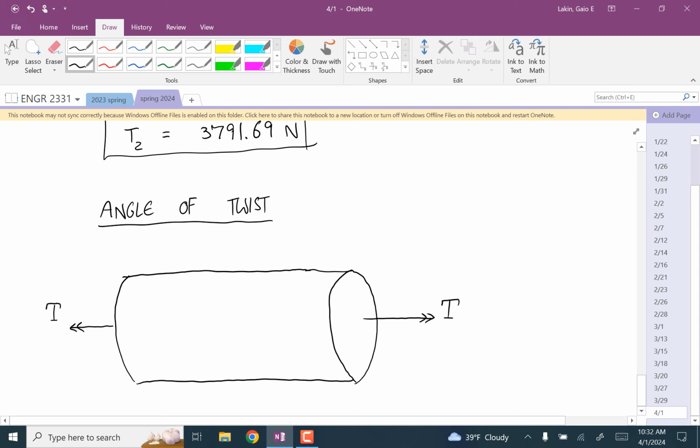And the effect of that is going to be, so there's a torque this way on that side and this way on that side. And let's say that there's a line drawn on this thing like this. Okay? Before you apply those torques.